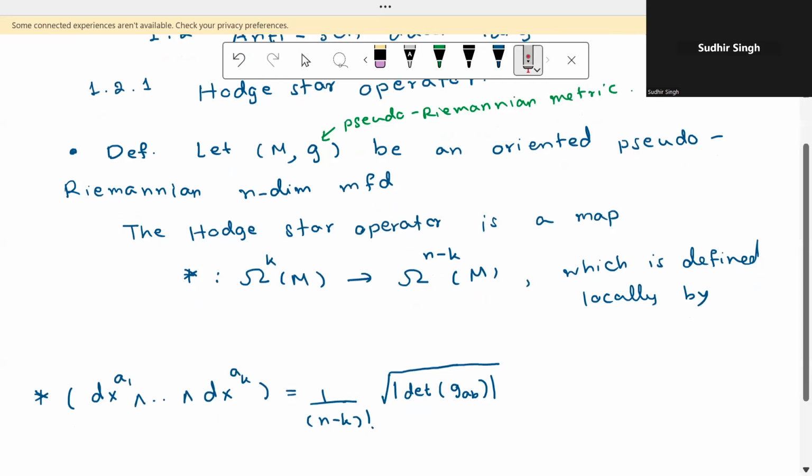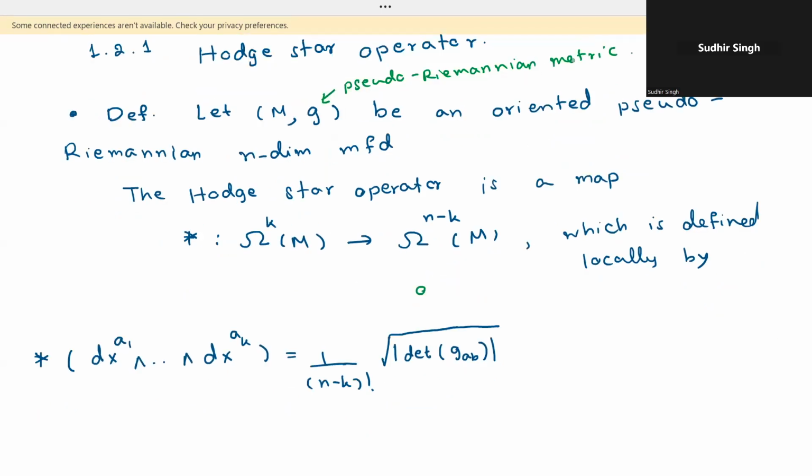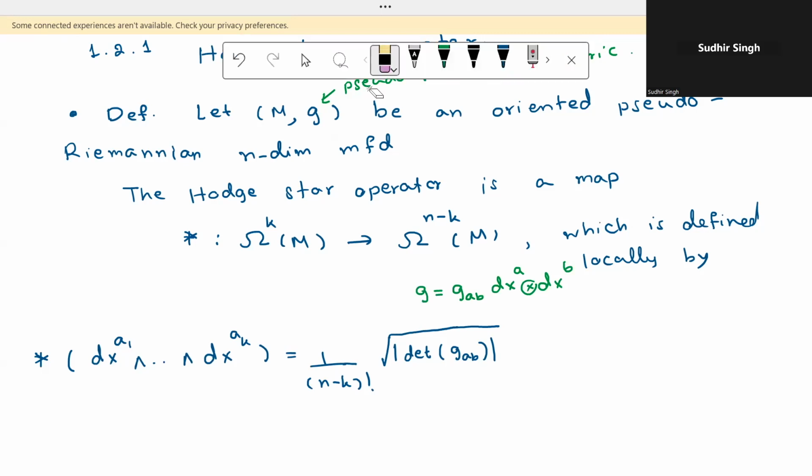So maybe I just write g like this, with the same coordinate one-forms. These coefficients form an n by n matrix, and we take its determinant and the absolute value.